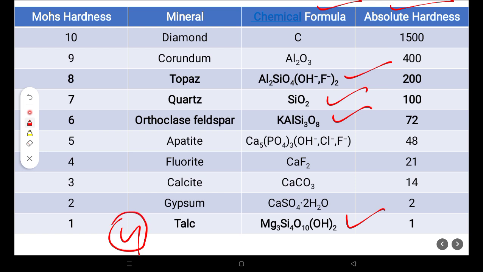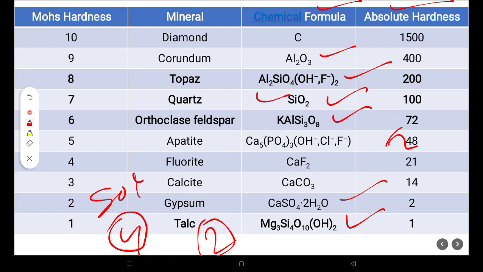You can see from here, corundum is one oxide, and quartz is also an oxide, SiO2. So two oxides. And how many hydroxides are there? Two hydroxides are there, gypsum and talc.